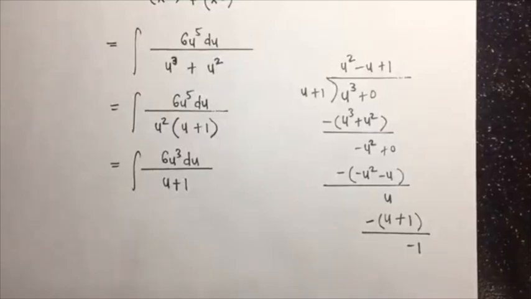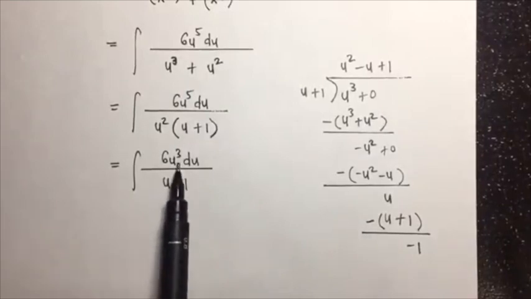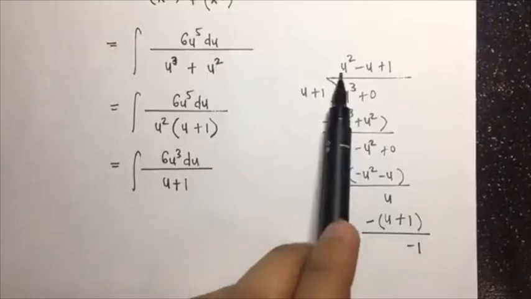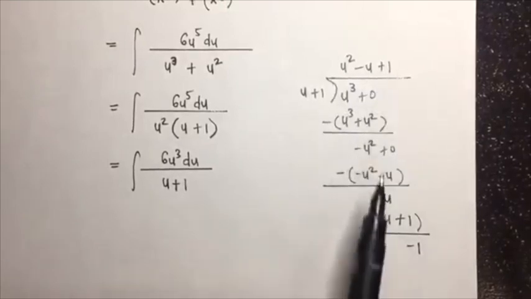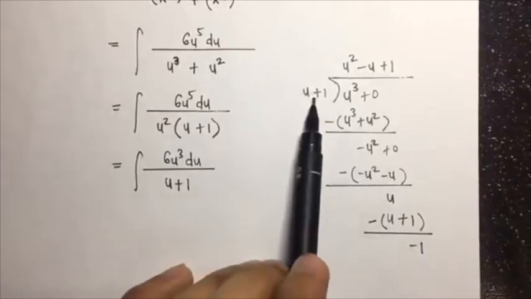So therefore u cubed over u plus 1 is equal to u squared minus u plus 1, and then minus 1 over u plus 1.